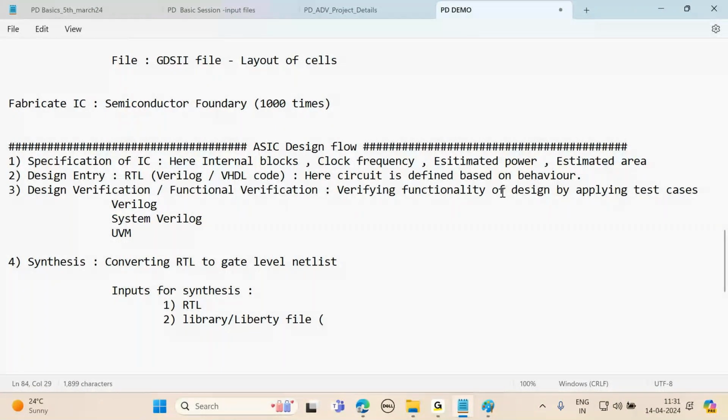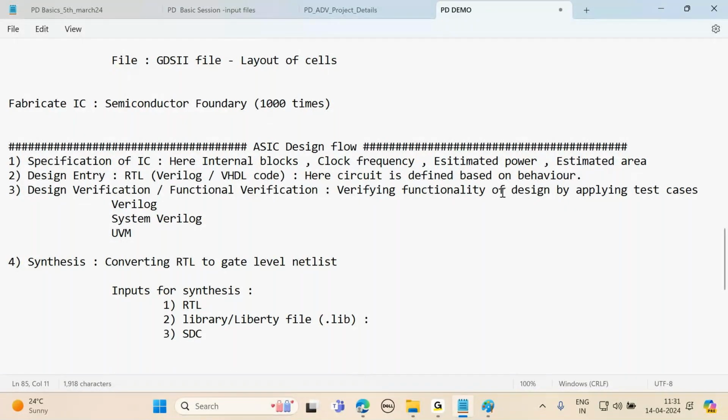It is called .lib. The third thing is SDC. These three things are very much important for converting RTL to a gate level netlist.